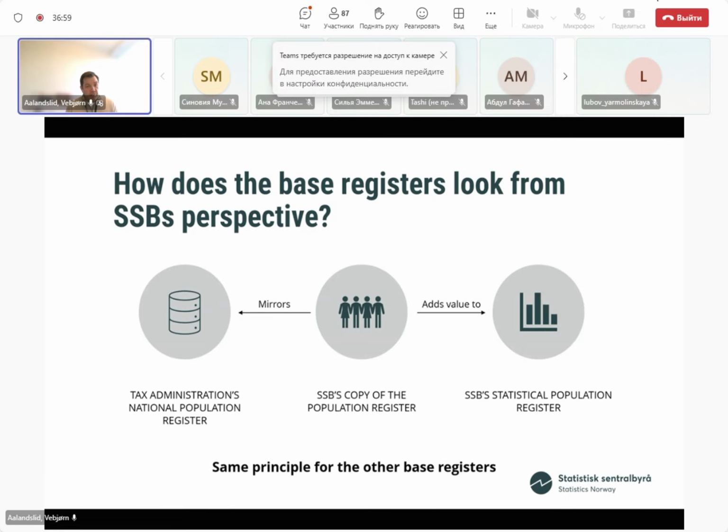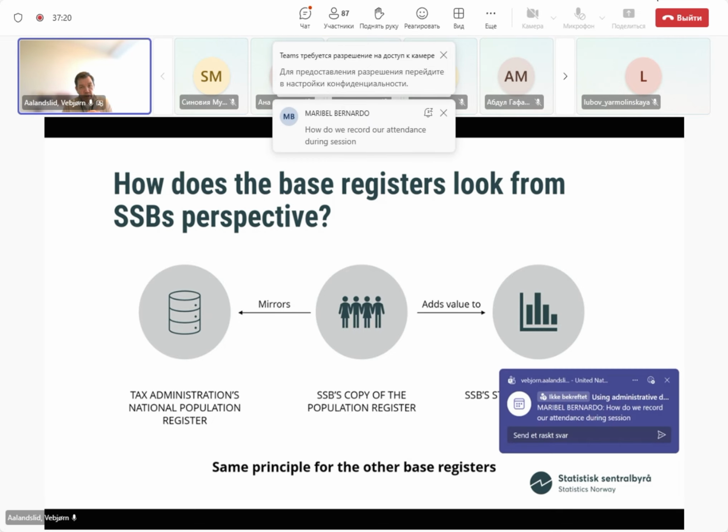I'll start with the population register. The population register is located in a different institution, the tax administration. They own the National Population Register. And we have an exact copy of the population register that we have direct access to.